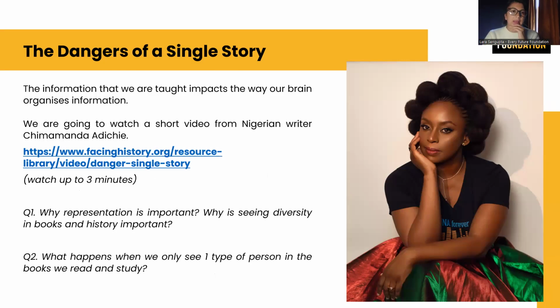Okay, I'm going to share this video properly this time. We're going to watch this short video from Nigerian writer Chimamanda Adichie, and we're going to hear her story, and we're going to have a think about why representation is important, and why representation in books and literature is really important. So bear with me.